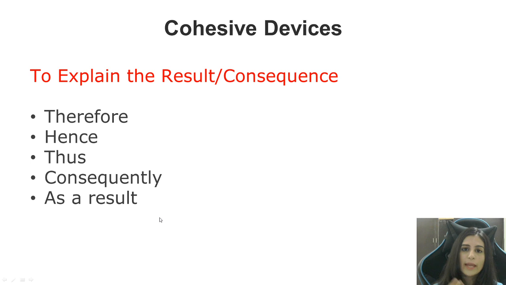So when you're telling the result or the repercussion of something, for example, you're talking about COVID-19 or coronavirus, and you are talking about the fact that it is infecting so many people and the death rate is increasing. So after you've given the entire explanation, you will say, therefore, I would request you to stay indoors and stay safe.